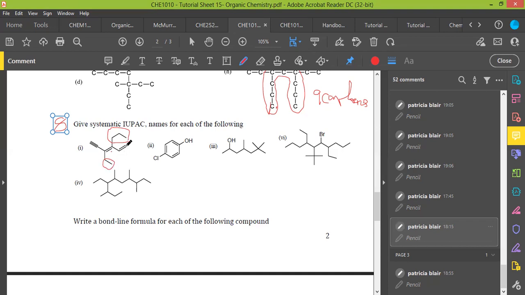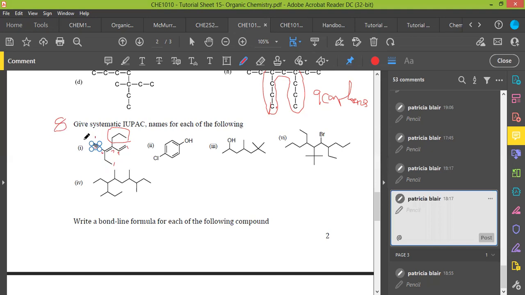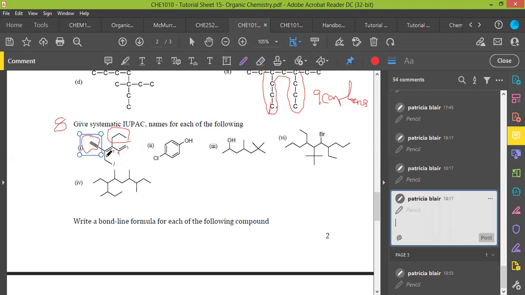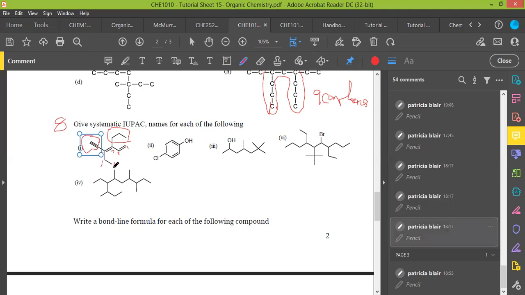So your numbering is 1, 2, 3 there, 4 here, and then actually 4, you don't count where the alkyl group is, because all of this group is going to be considered a substituent. So you have 1, 2, 3, you have 4, you have 5, and you have 6 there. So this is your molecule.